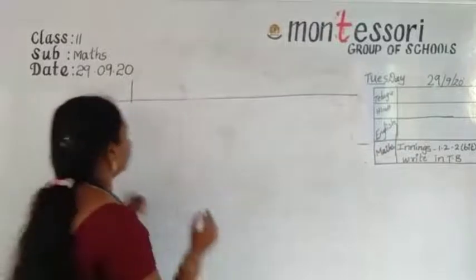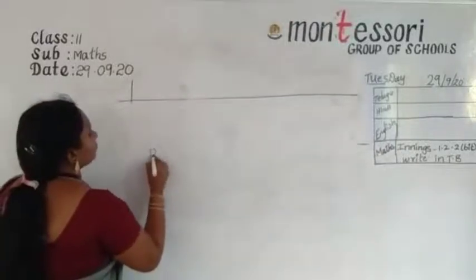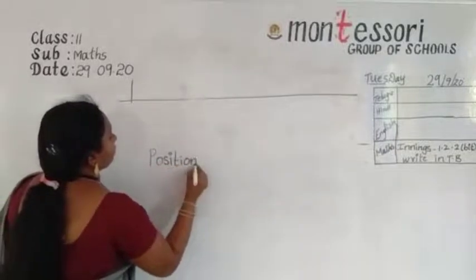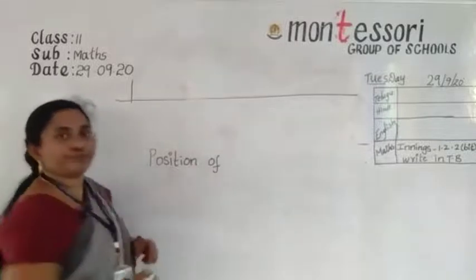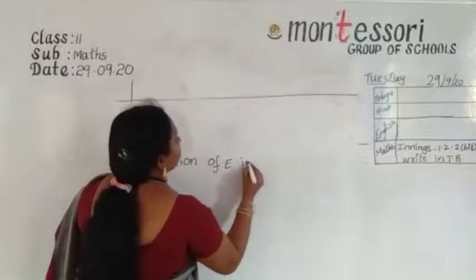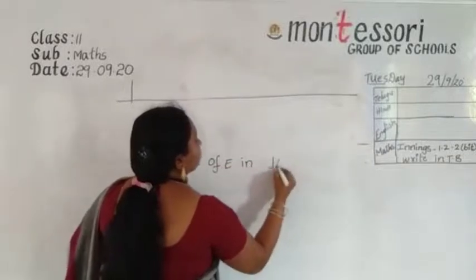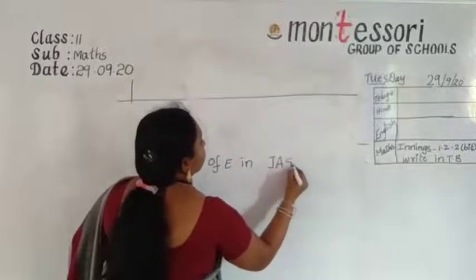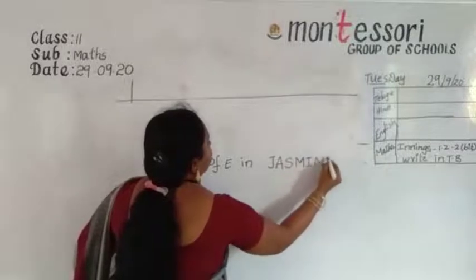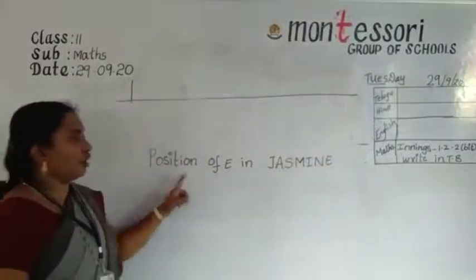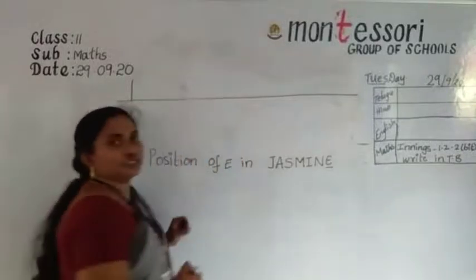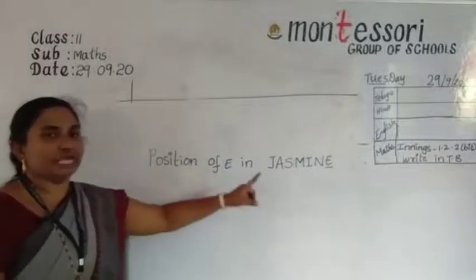Position of E in Jasmine. Now I underline E. What is the position of E in Jasmine?